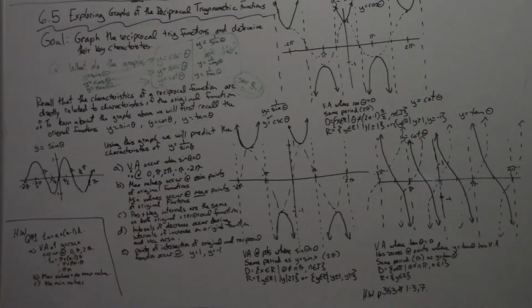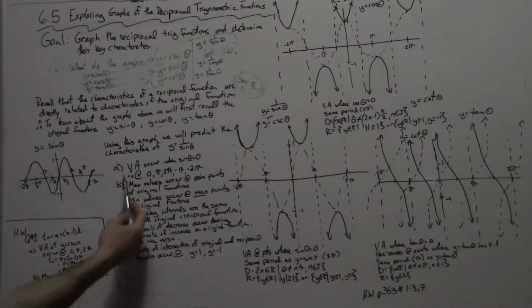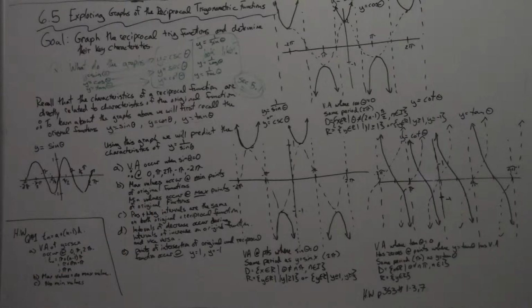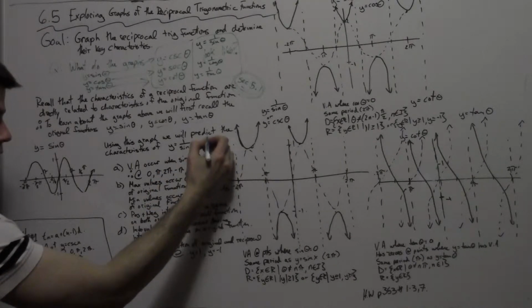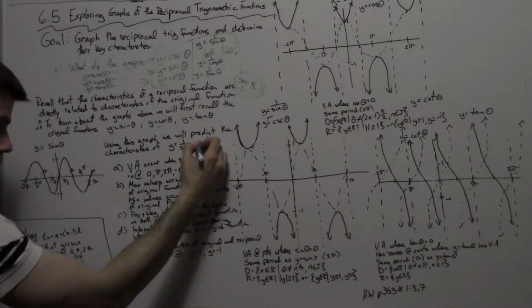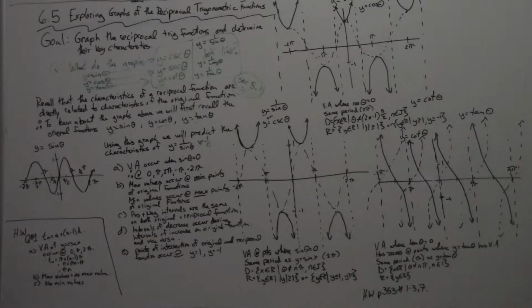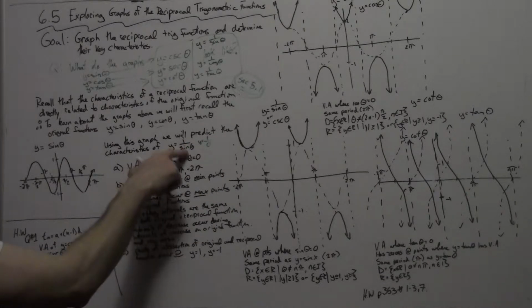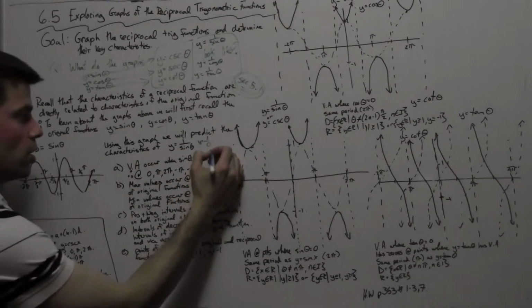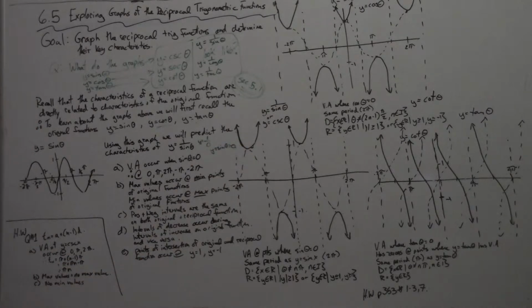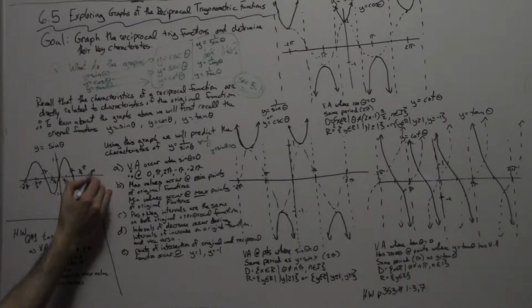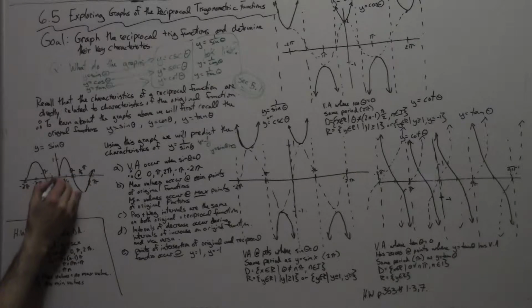The vertical asymptotes are the first thing we want to use as a hint when graphing y equals cosecant theta. We know vertical asymptotes occur when we have a situation of 1 over 0. So using that logic, we know that our vertical asymptotes occur when sine theta equals 0, which is, coincidentally, the x-intercepts of the original function.